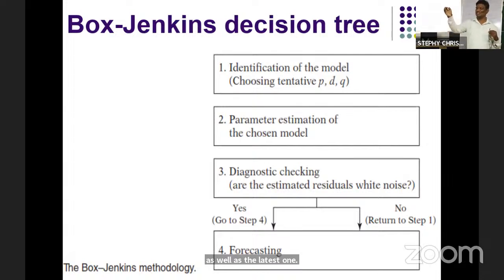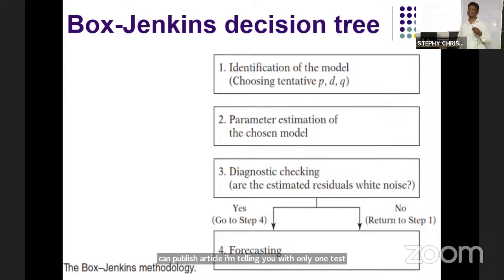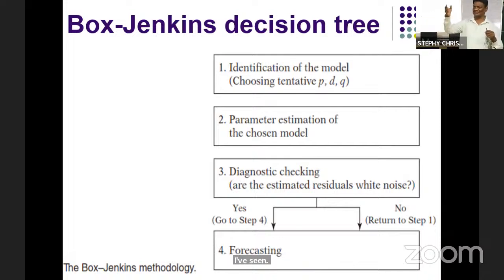You can publish an article, I'm telling you, with only one test. I have seen the LM break test, a simple test. LM, Lagrange multiplier, the structural break test. They applied it and checked the weak form efficiency. Recently, people are using the latest models, wavelet analysis.